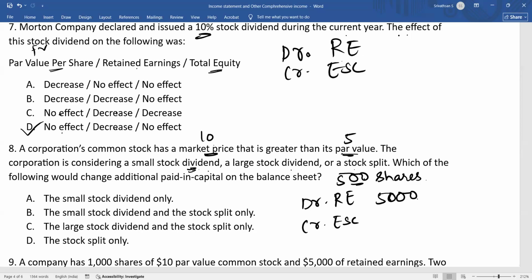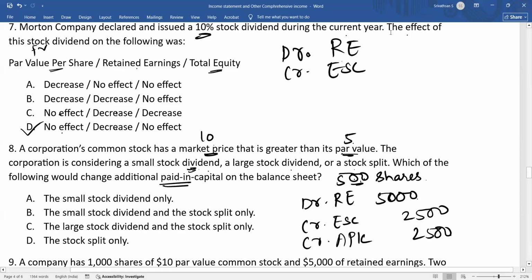But what is the par value? Par value is only 5. So 500 into 5, we get 2,500 credited to equity share capital. Then where the remaining 2,500 will go? The remaining 2,500 will go to additional paid in capital, 2,500. So a small stock dividend would bring a change in the additional paid in capital.